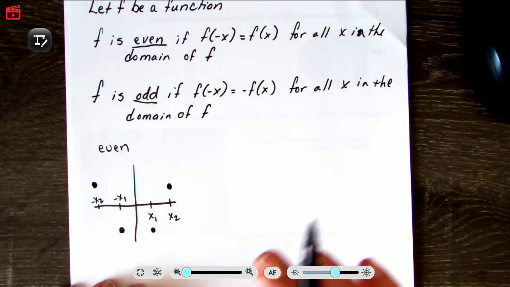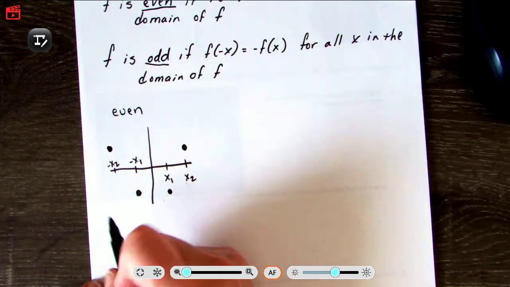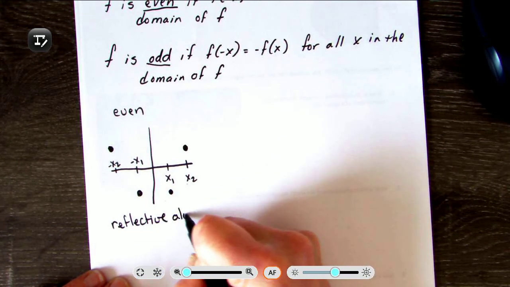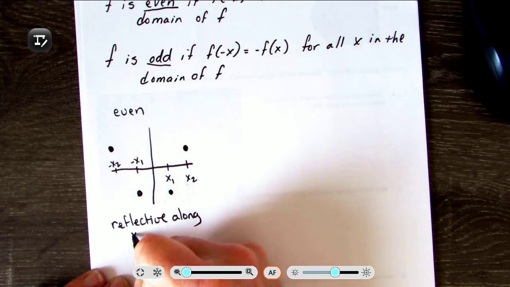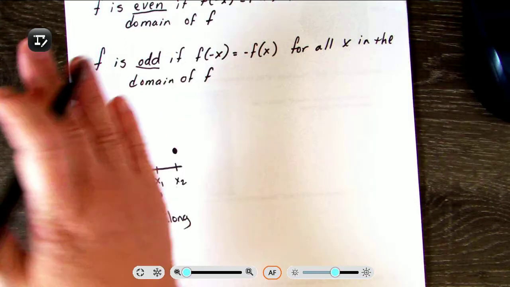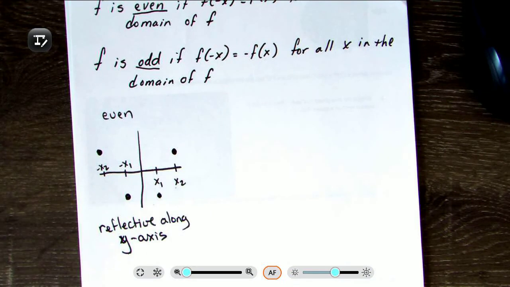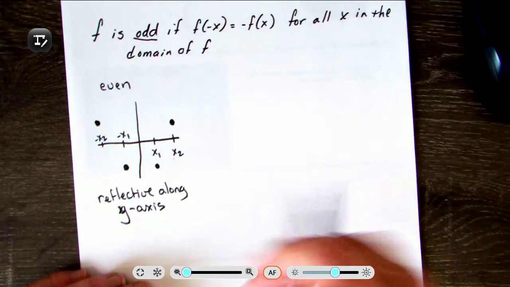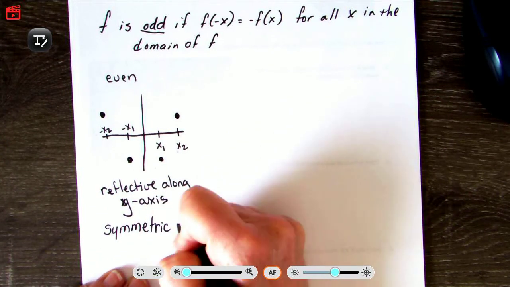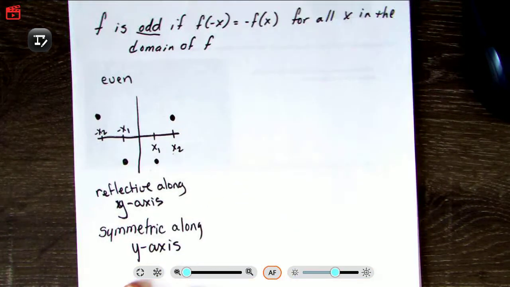So if you're thinking picture-wise, this side is going to be a mirror image of this side, or it is going to be reflected along that y-axis. So we have that mirror image going on along this y-axis. So that's an even function. So we'll have that symmetric, maybe that's a better word, symmetric along the y-axis.